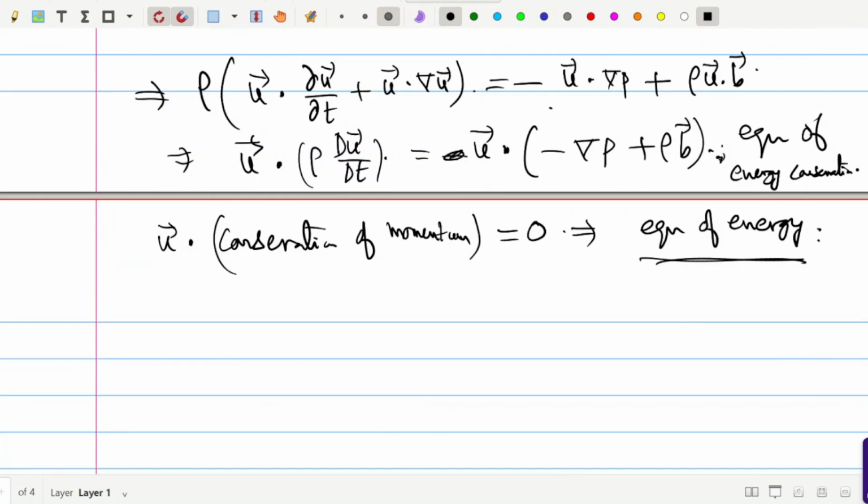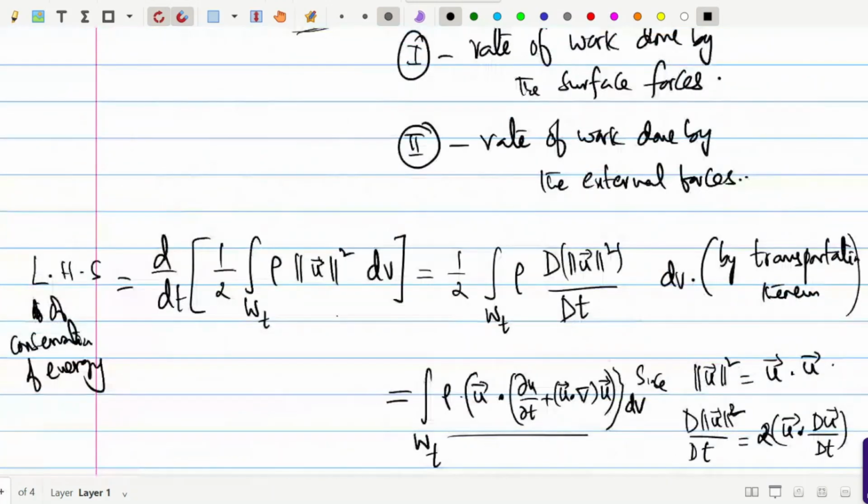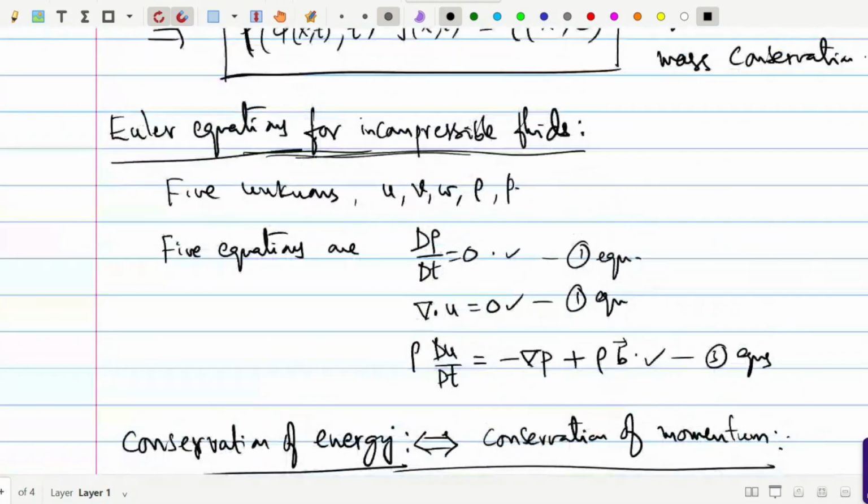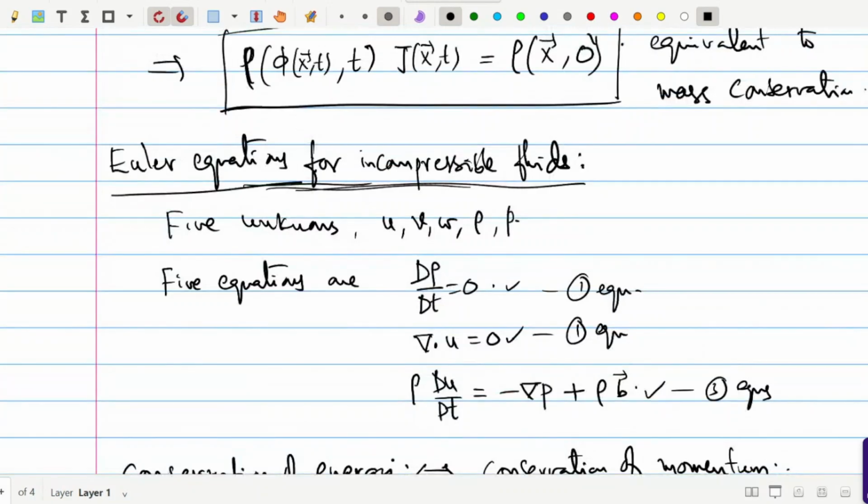But the question comes now, you have only 4 equations for 5 unknowns. So for that reason, another equation is the definition of your incompressibility, the second equation. The first equation is dou rho by dou t from the equation of mass. Once del dot u equals 0, that equation of mass will give you d rho by dt.